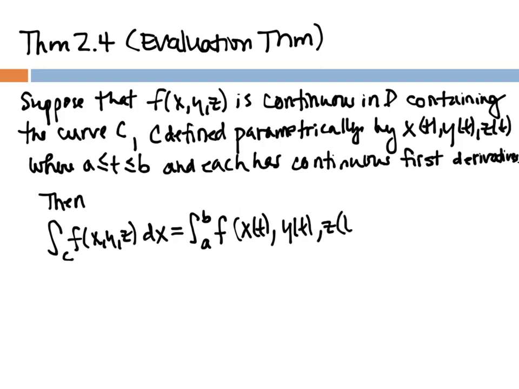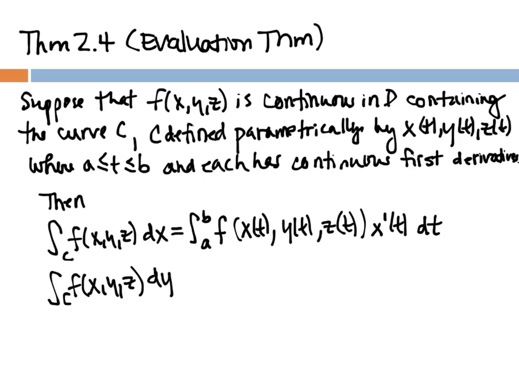So it's that same function that we had, but in terms of the parameter t, times x prime of t dt. What do you suppose will change for my second formula if I do the integral with respect to y? I'm going to have y prime at the end. That is the only difference.